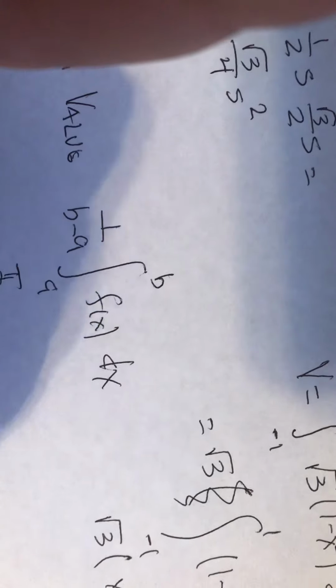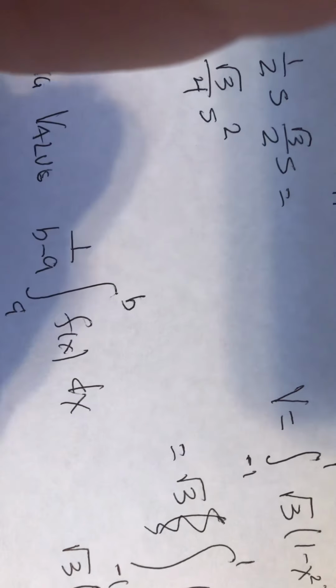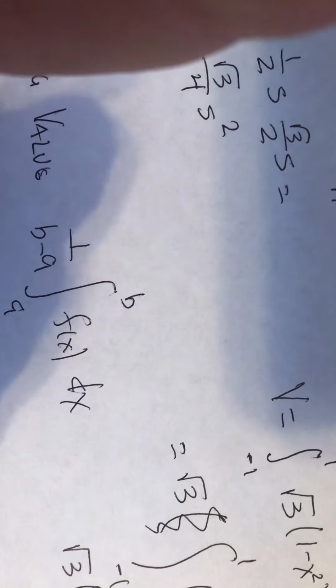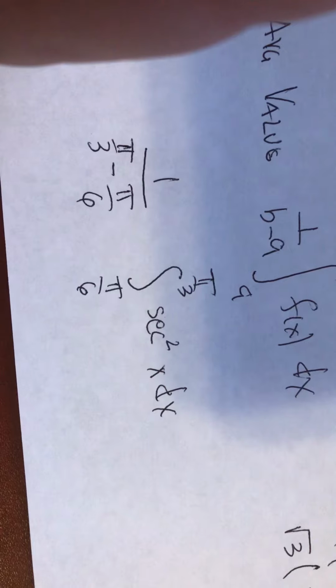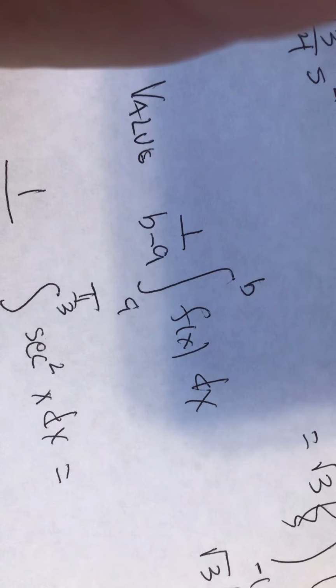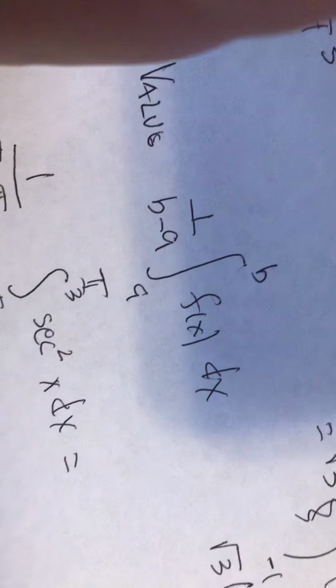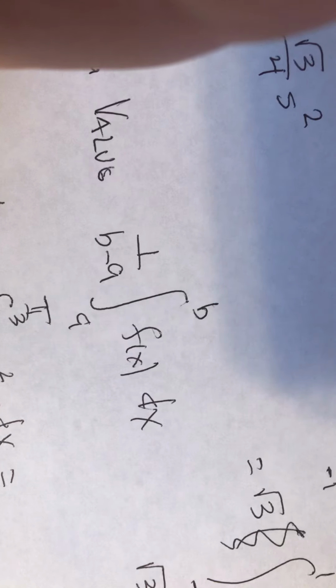I'll do 1 over b minus a, that yields the following. We need to subtract pi over 6 from pi over 3.